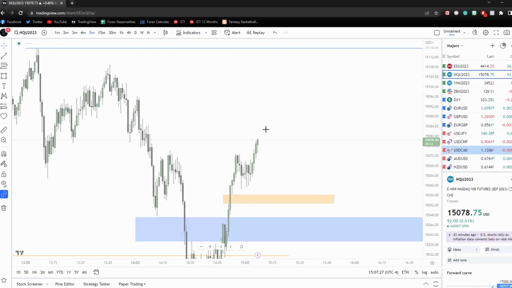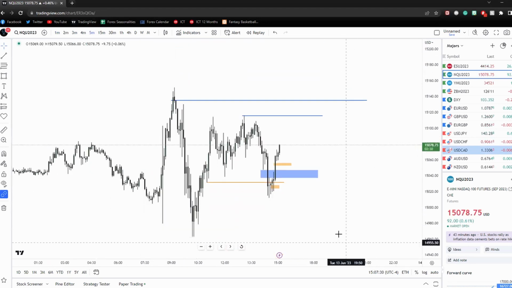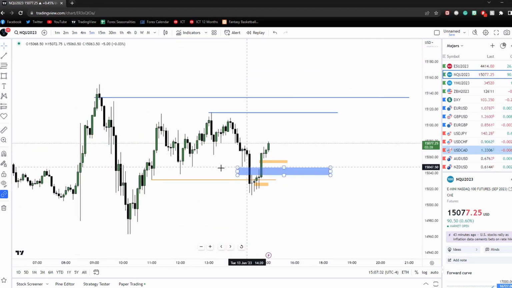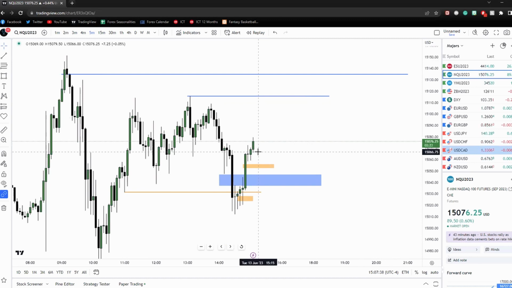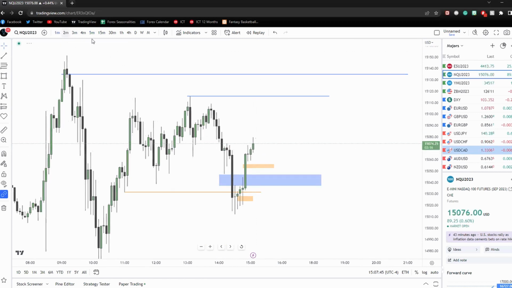But it could. So everyone that had sell stops here, here, and here are now in drawdown. They're underwater. And in my head, I'm thinking they wouldn't really let them get out of the trade. So I'll watch this right now.